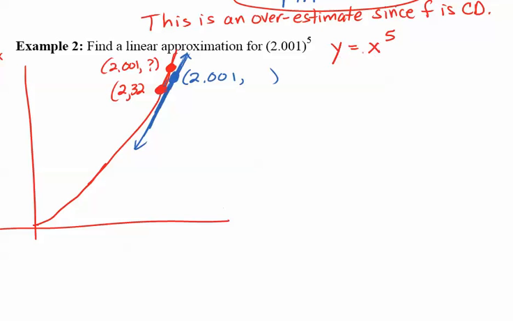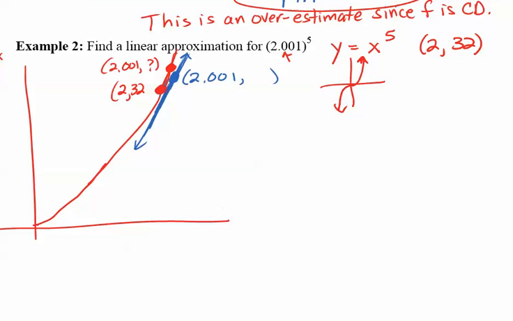But if I think of the function y equals x to the 5th, I certainly know that 2 to the 5th power is 32, and that's going to be very close to the point that we're approximating. All right, so I should clarify here that the x to the 5th graph is really going to rise very quickly. So I've made my graph exaggerated, because otherwise it's almost too close an approximation to get a good picture of it.